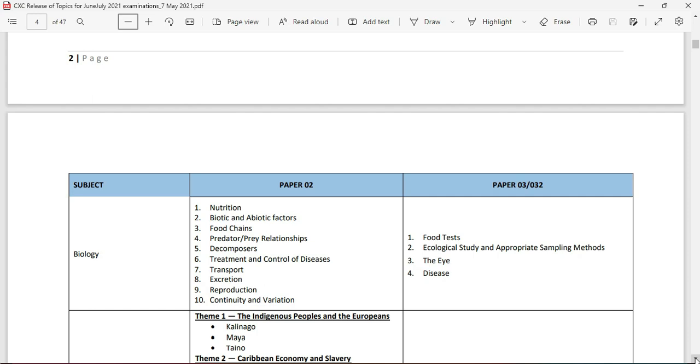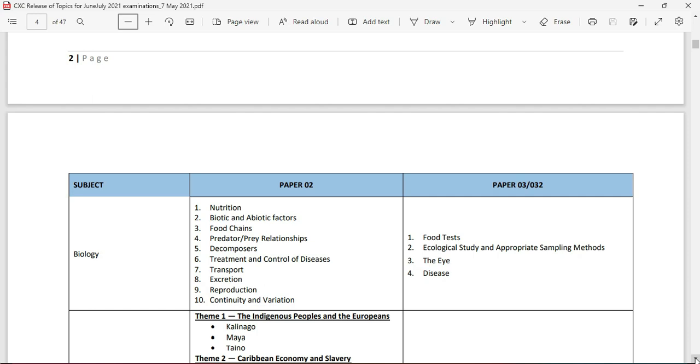So last year we were promised 10 topics for biology. The 10 topics were nutrition, abiotic and biotic factors, food chain, predator-prey relationships, decomposer, treatment and control of disease, transport, excretion, reproduction, continuity and variation.